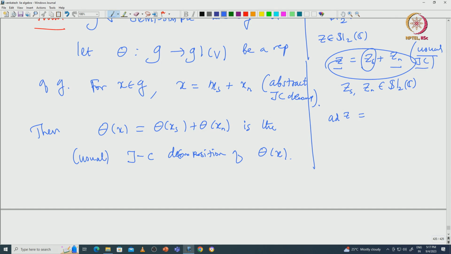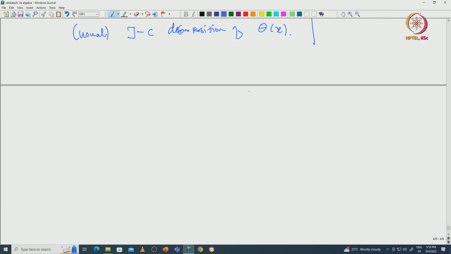So, this is actually a big theorem. In particular, if for some reason you know that a given element is already ad semisimple, then it must act semisimply on any finite dimensional representation. If a given element is already ad nilpotent, then it must act nilpotently on any given representation. So, this is the corollary.